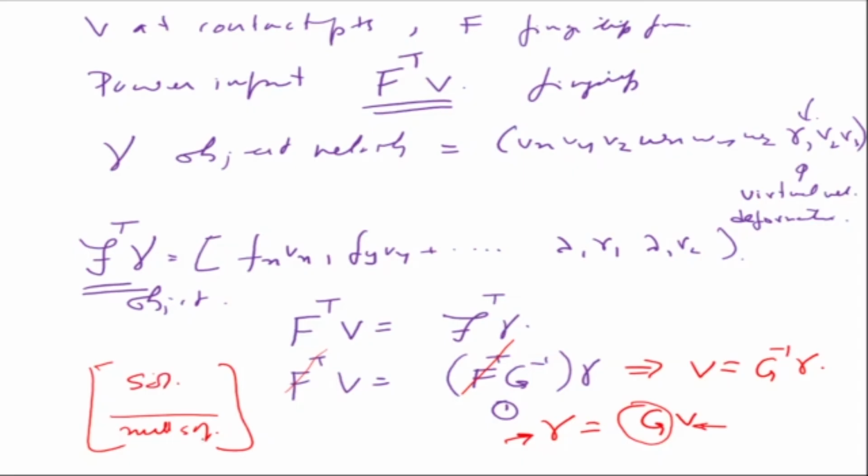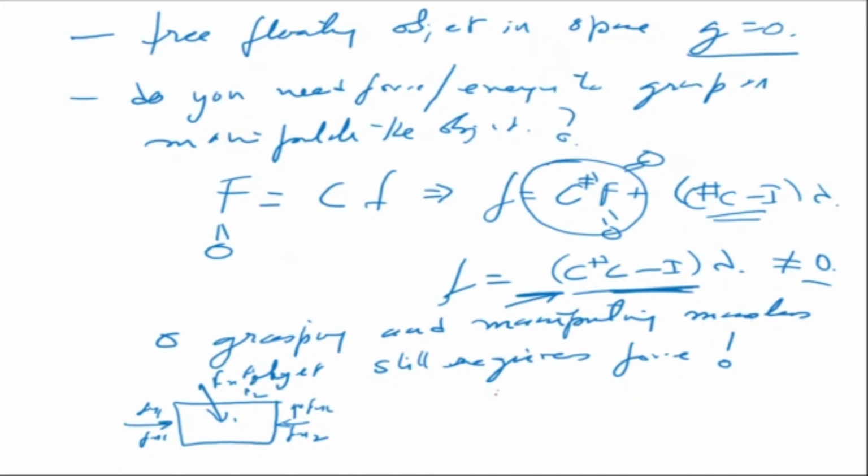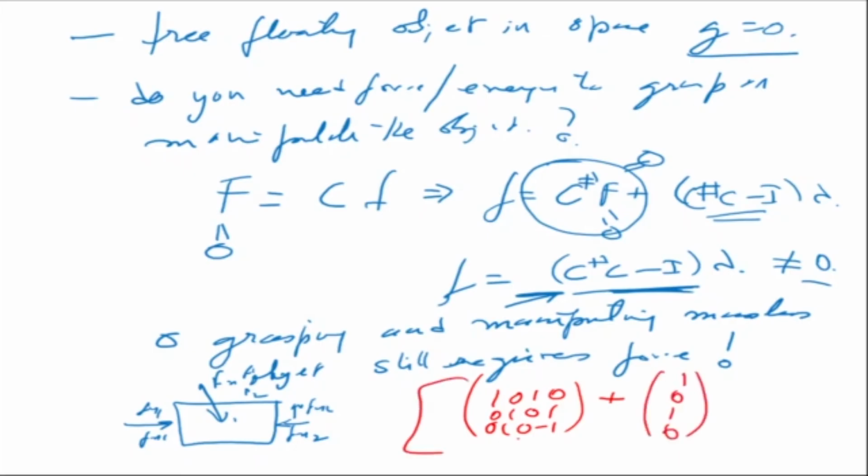So in the previous case, what will we get is the grip transform will consist of, let's take the simple example, this one. So our matrix was 1 0 1 0, 0 1 0 1, 0 1 0 minus 1, and my null was basically what was the null solution? It was 1 0 1 0, right? So this plus this is my G matrix.